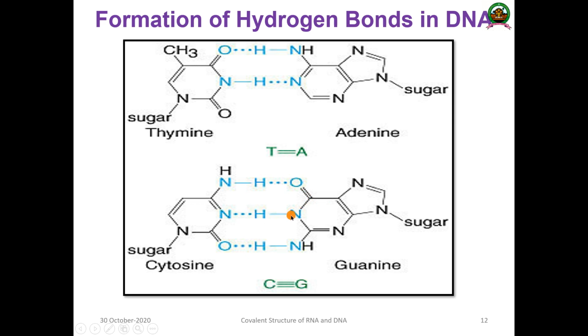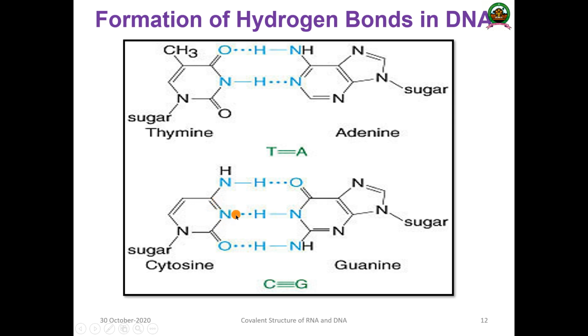Then the second one. In this particular case, here it is nitrogen and there is no double bond here, so obviously you will have one H here. In order to make the valency 3, this N will acquire one H, that is already there. Here you can see this N, the valency is proper.